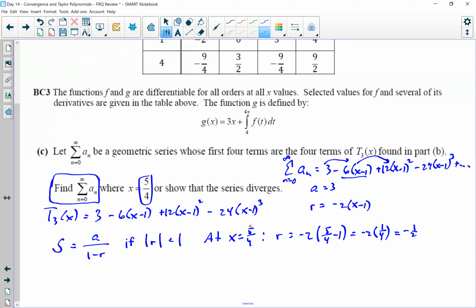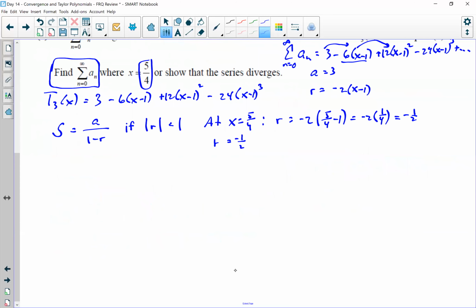So at 5/4, our r value is -1/2. The absolute value of -1/2 is obviously 1/2, and that is less than 1. So we know that this series converges using the geometric series test. Not only do we know it converges, it says find the sum, so we can use our formula. The sum is going to be a, the first term, which we already realized was 3, over 1 minus r.